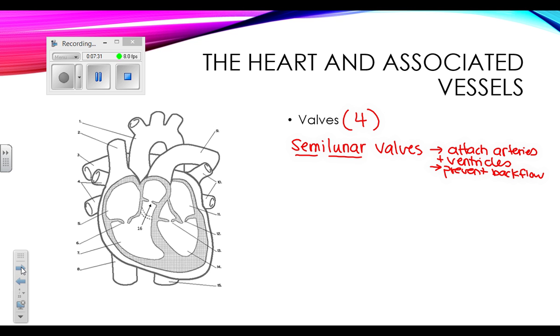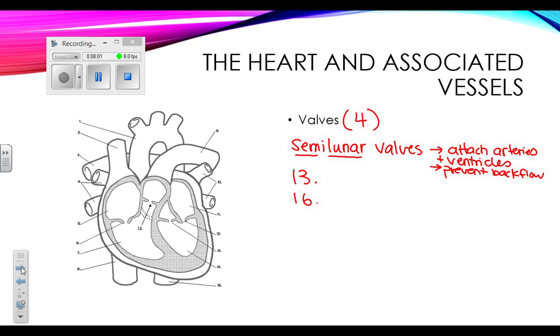Blood moves in one direction in your heart, and it's really important that it doesn't start going backwards. So these valves, just like a valve in your digestive system or a valve in your excretory system, are like a little opening or a door that can open and shut. Your semilunar valves are number 13 and number 16.